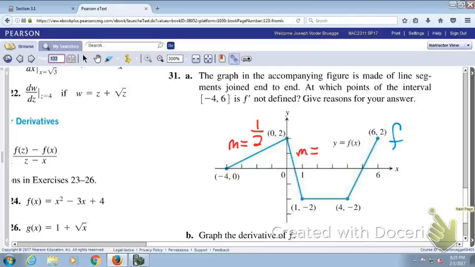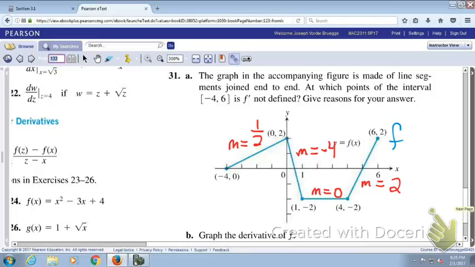What is the slope for this second line segment? -4. You fall 4 and run over 1, right? The slope for this third line segment? 0. And the slope for our final line segment? Rise 4, run 2. 4 over 2 is 2.